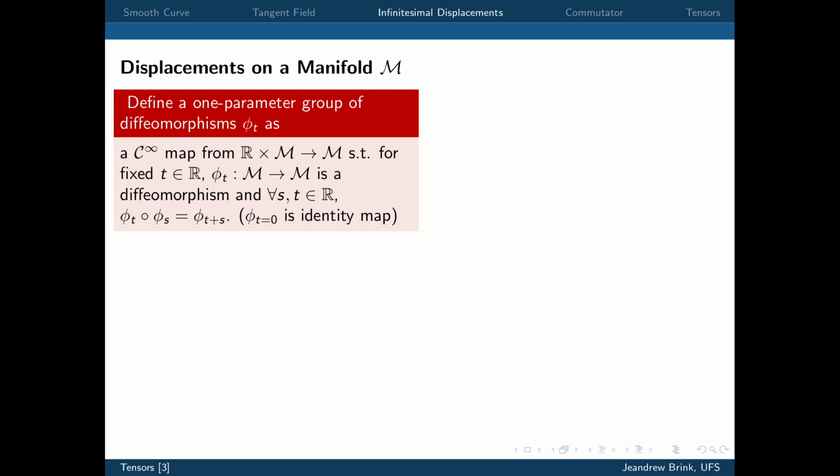There my t and s are the same. And the condition of my map is that I can either go a little bit t and then a little bit s, or I can go t plus s and I get to the same answer. Okay, so I'm going to have a very decorated coffee cup once I'm done. Another thing is, if you don't go anywhere, then it's just the identity map. Then you've just got the manifold back onto where it is. And this idea is very, very powerful.